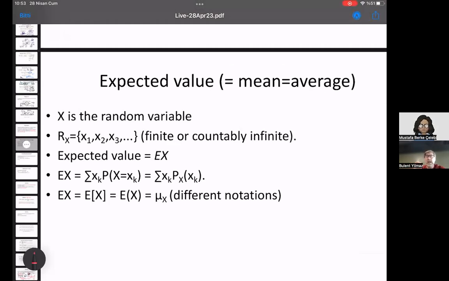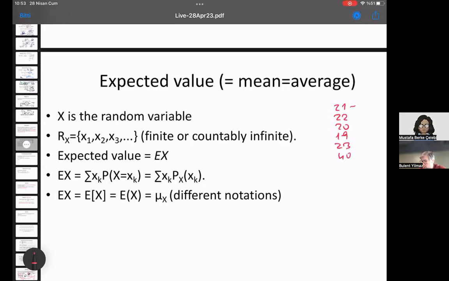For example, how can I find the mean or average age of this group in this class? I will add up all the ages and divide by the number of people, right? So I'm going to add, let's say 21, 22, 20, 19, 23, 40.